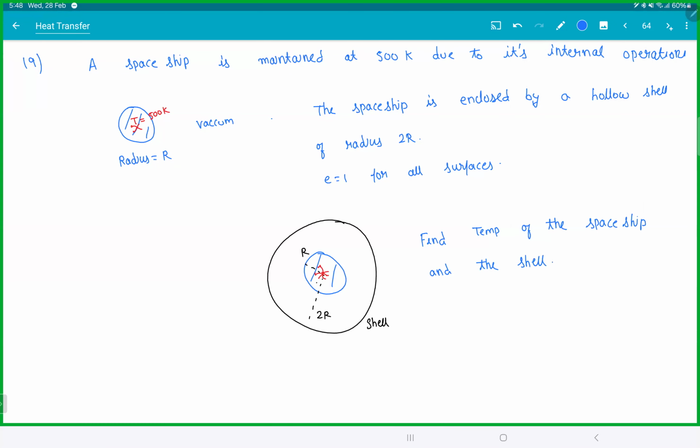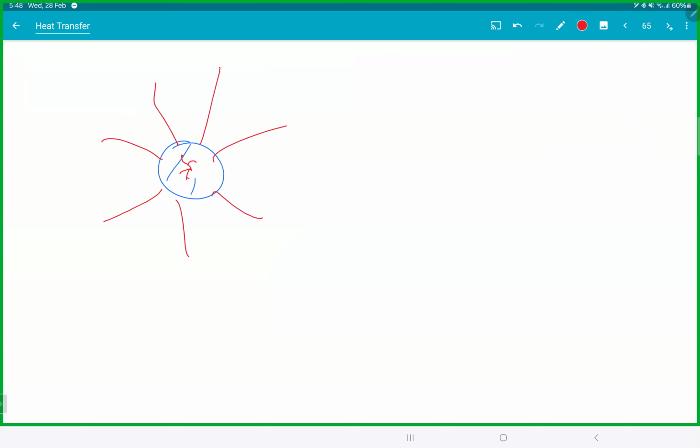Just to give you a little idea, think of it like this. Let's say you're sleeping, it's pretty cold. Your body maintains your temperature. Now, if you put a blanket on top of you, will you get hotter inside or will it become colder inside? It will become warmer, right? So exactly what is happening here? See, listen once. You have a spaceship. Inside there is heat being generated. That heat escapes from the surface. Okay? In that scenario, the surface temperature is 500 Kelvin.